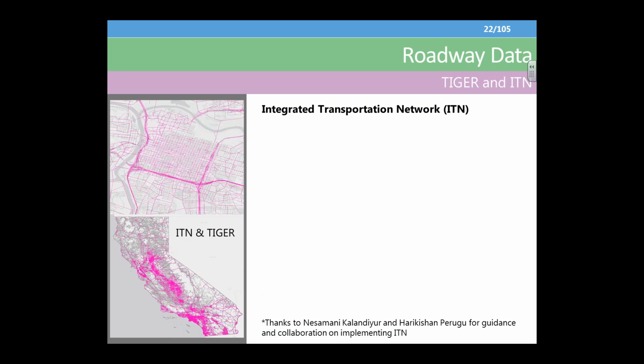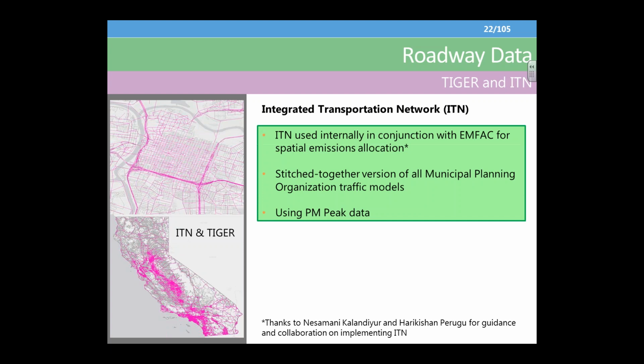And you can see on the left some of the resolution of this. The lighter gray on these maps are the Tiger lines, and you can see ITN in the pink line. Sacramento's in that top left corner to give you an idea of what it looks like on a really fine scale.